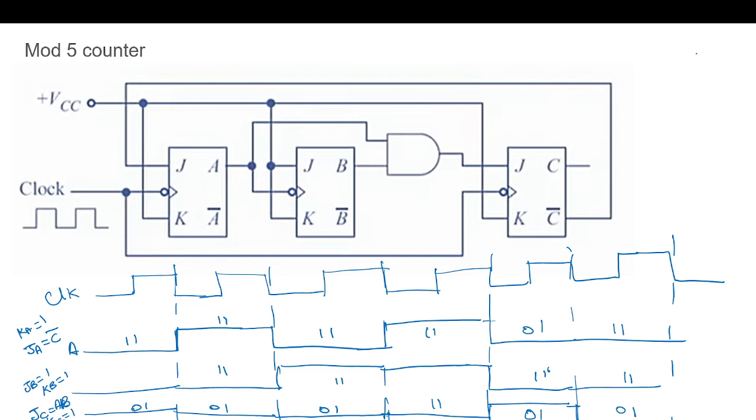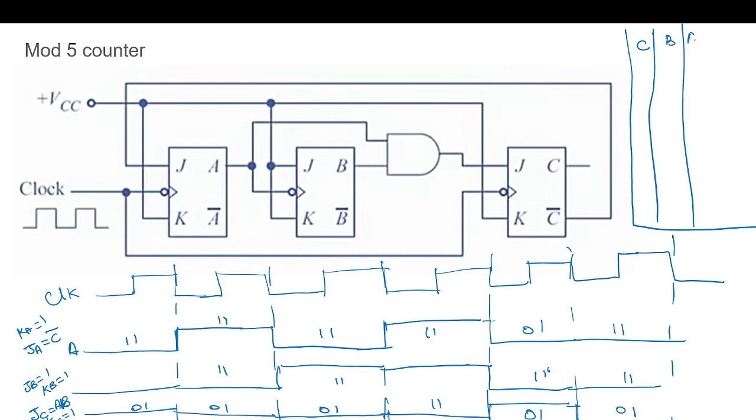So this is counting C, B, A, C out, all zeros. 0, 0, 0, 1, 0, 0. Next is 0, 1, 0.